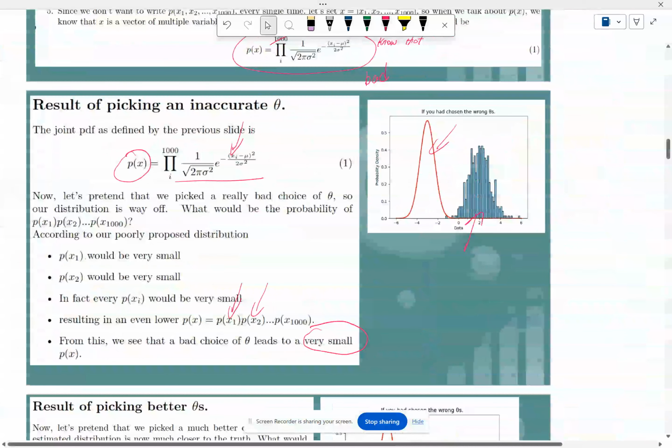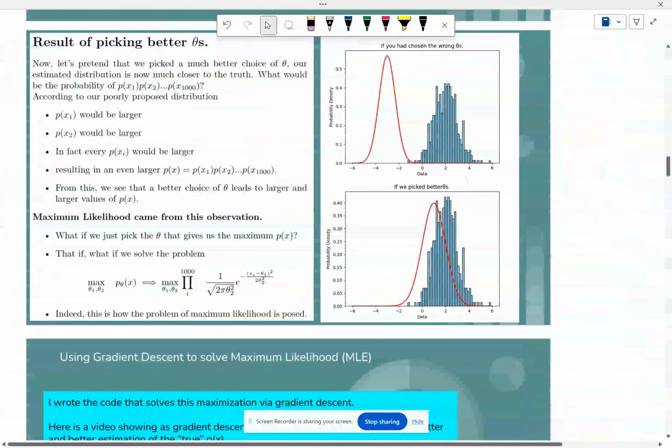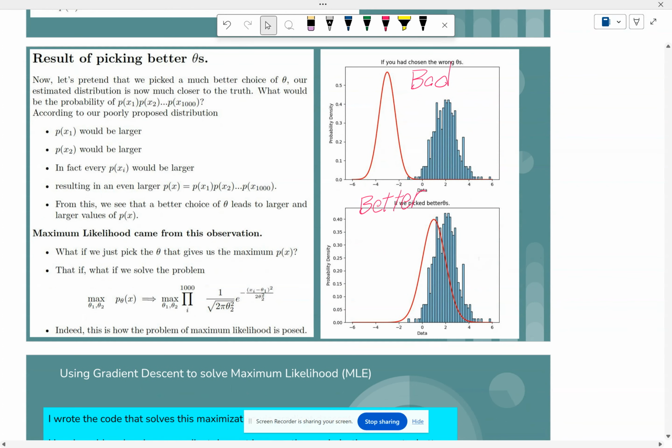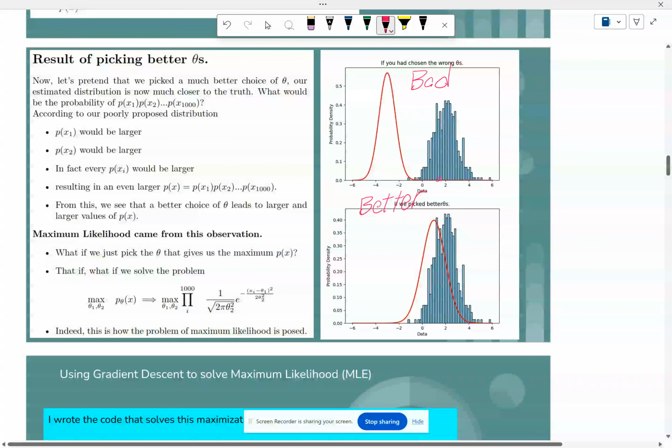Okay. Now, let's look at a different example where we made a better guess. So this is an example of a bad guess. This is an example of a good guess. Well, not a good one. Let's use the word better. This is the example of a better guess. Now, the exact same sample would have been basically zero at a bad guess.